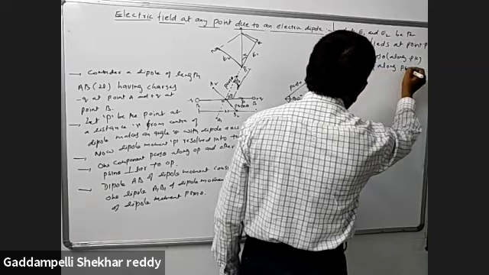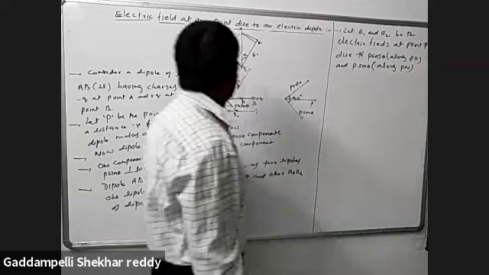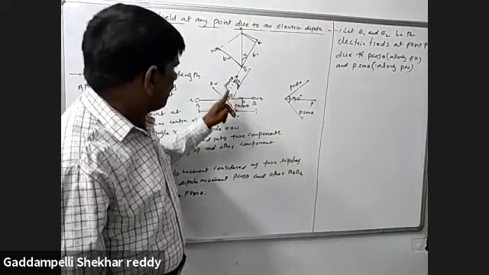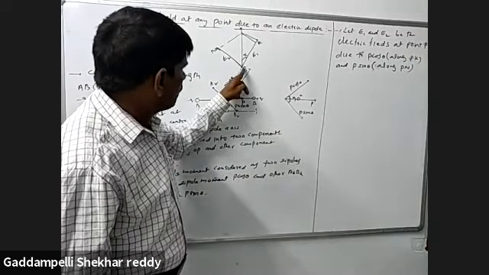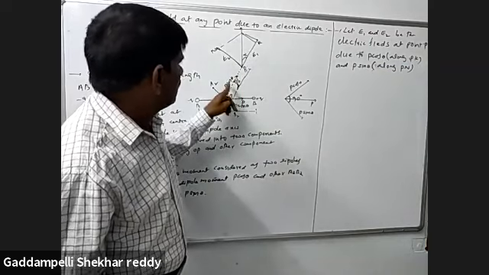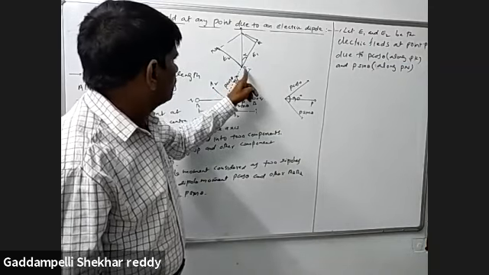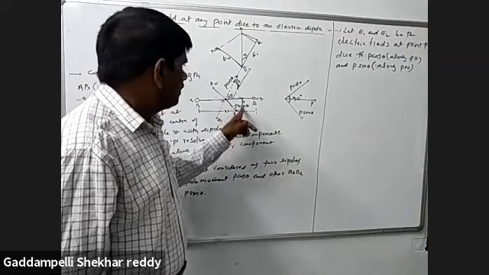Along what direction? Along PK, which is parallel to the dipole axis. For P cos theta, the point P is on the axial line. For P sin theta, the point P is on the equatorial line.